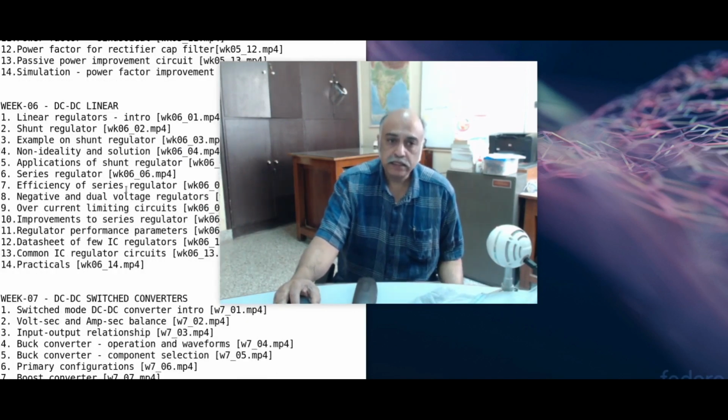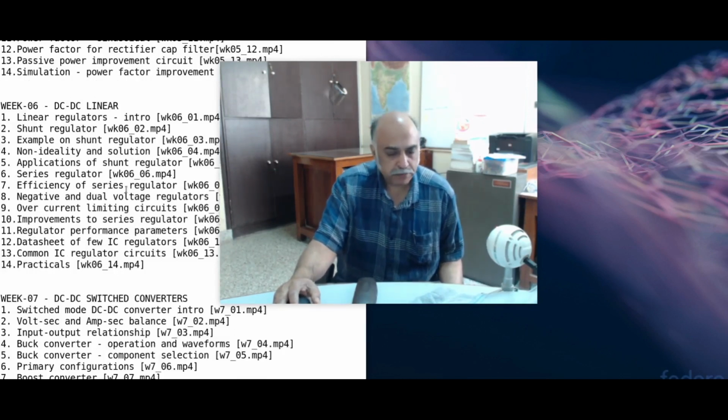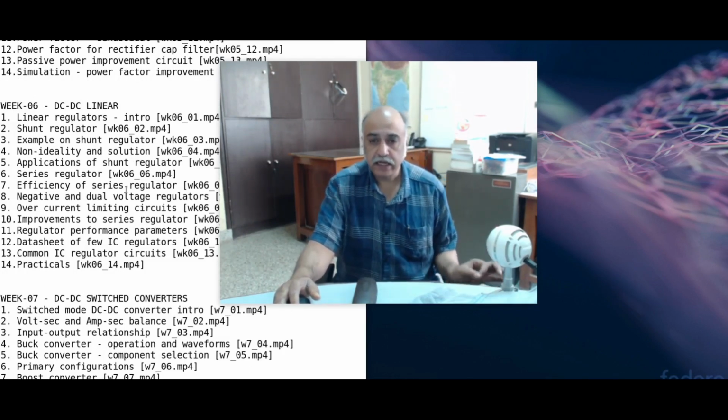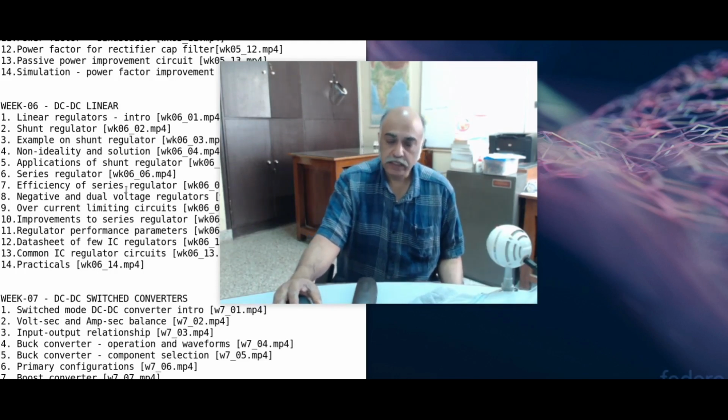And in week 6, we will touch upon the linear DC-DC converters. You may be surprised, but the point is that there are several circuits where linear regulators are required, and you should be conversant with the linear regulators too.